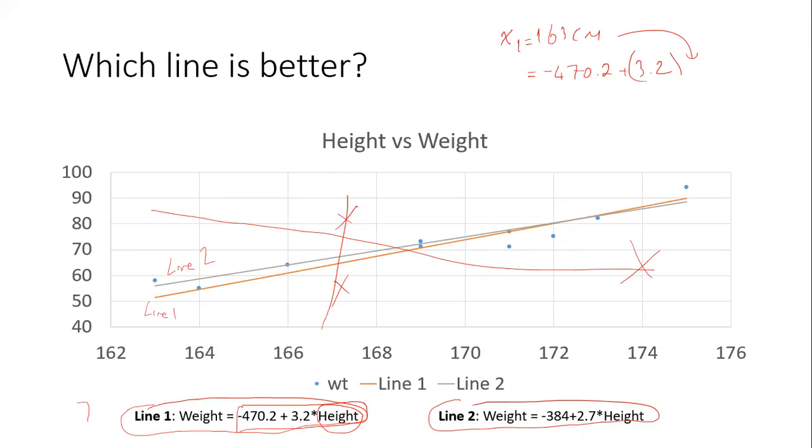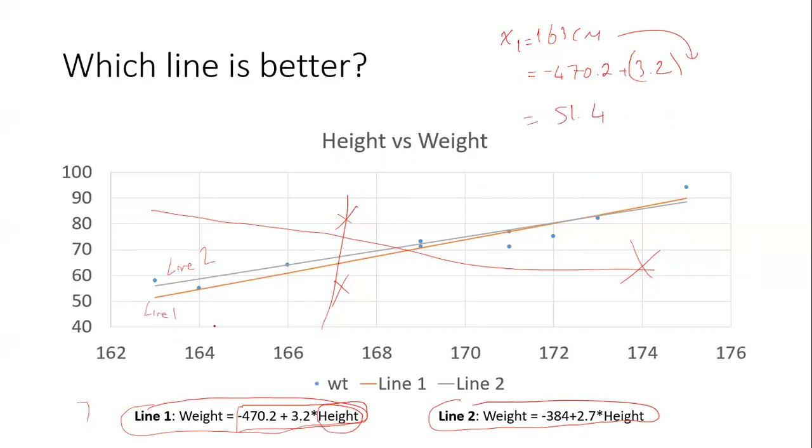Let me just give me a second. So this is 3.2 times 163, minus 470.2. So that's equal to 51.4.